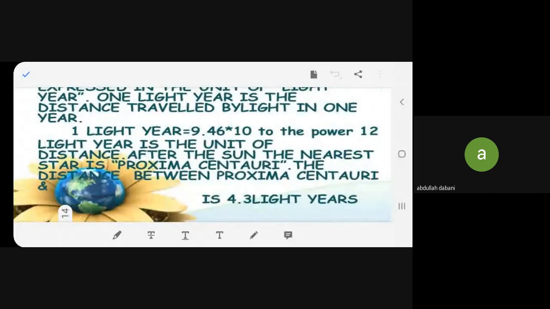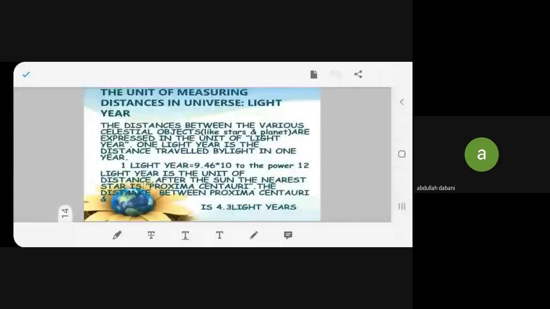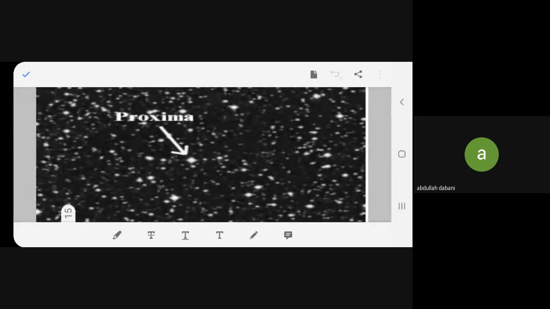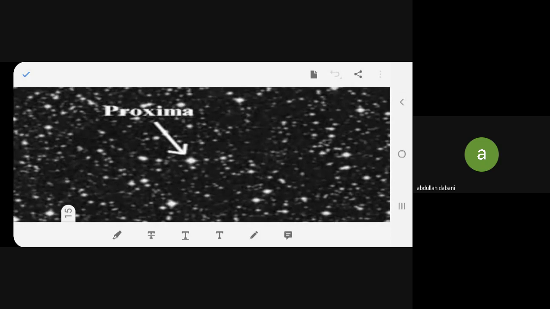And the nearest star is the Proxima Centauri. The distance between Proxima Centauri and Alpha Centauri is 4.3 light years. Consider this is the star, the Proxima Centauri that we are talking about. Understood, beta?